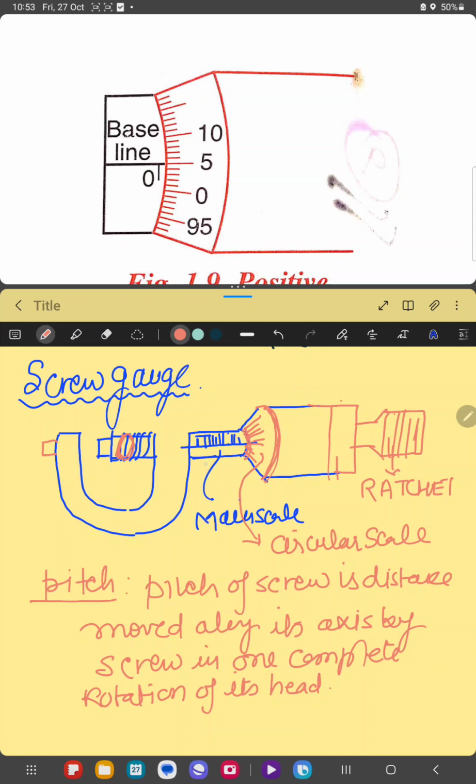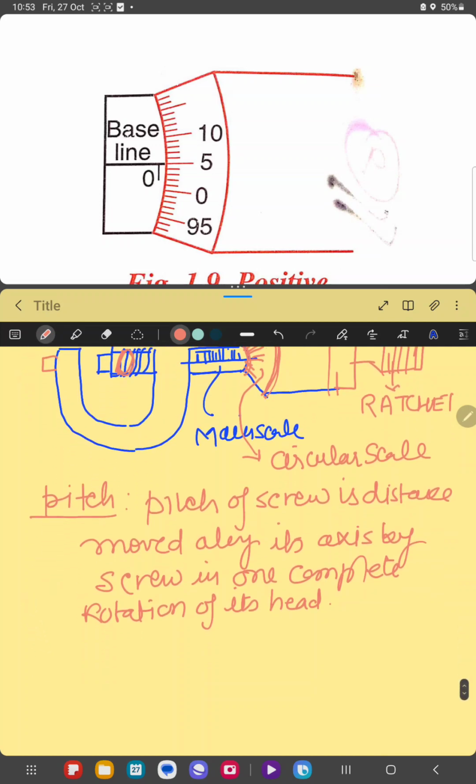That is, once it rotates by one rotation, what linear distance has it traveled.